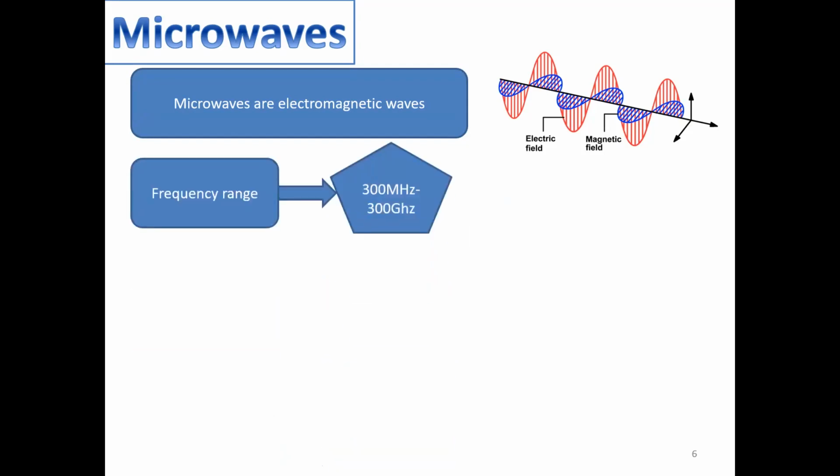The frequency range is 300 megahertz to 300 gigahertz. Remember this: the range of microwave is 300 megahertz to 300 gigahertz. That is the frequency range of microwaves.